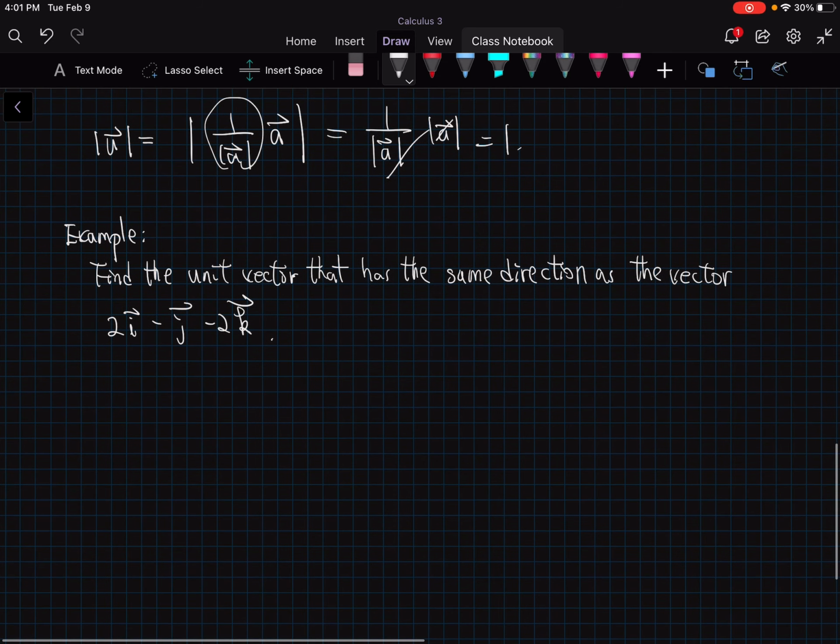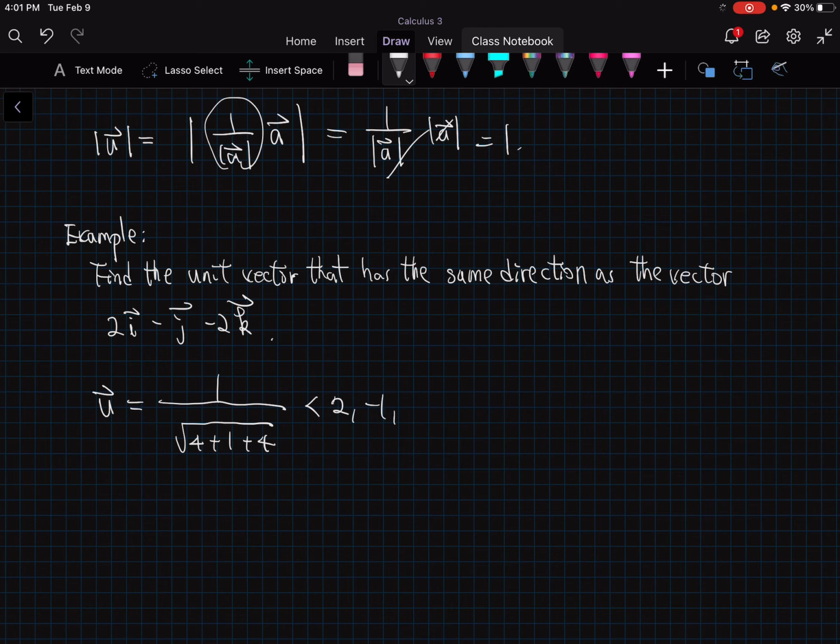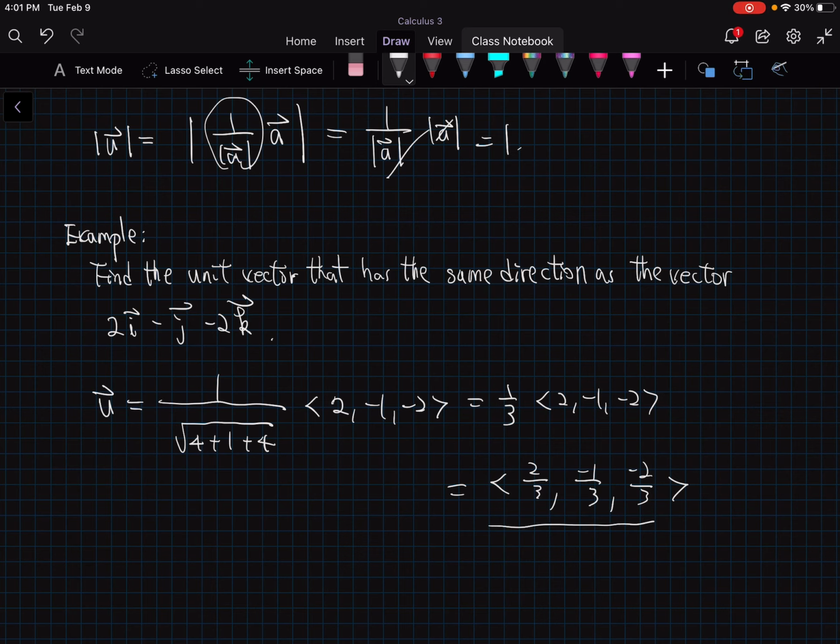From what we did before, the unit vector with the same direction simply equals 1 over the length of this vector, which is the square root of 4 plus 1 plus 4, times 2, -1, -2. So the answer happens to be 1/3 times 2, -1, -2, or 2/3, -1/3, and -2/3. You can check this vector has length 1, and the same direction as 2, -1, -2.